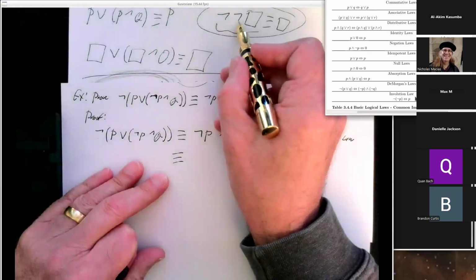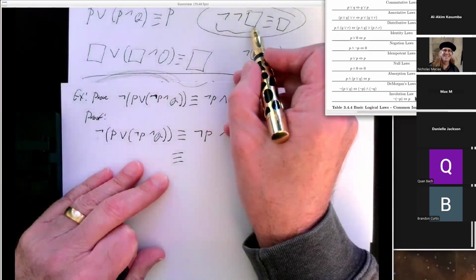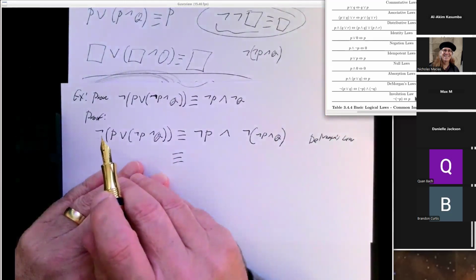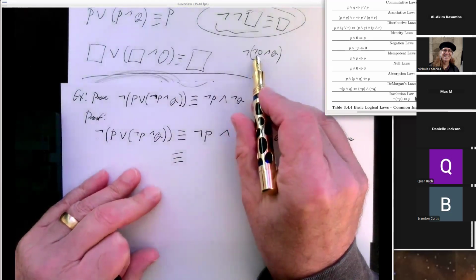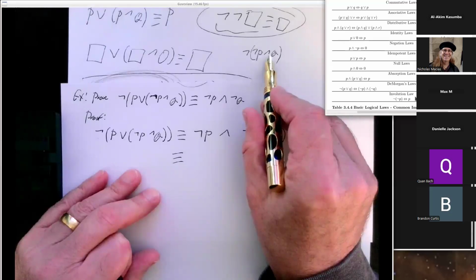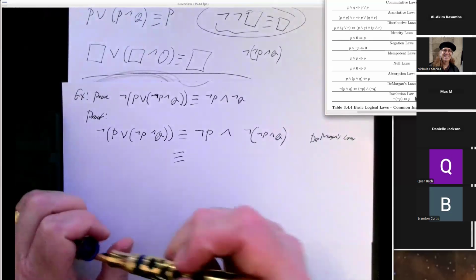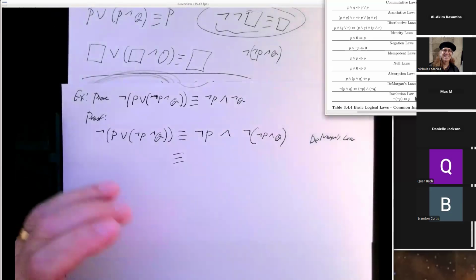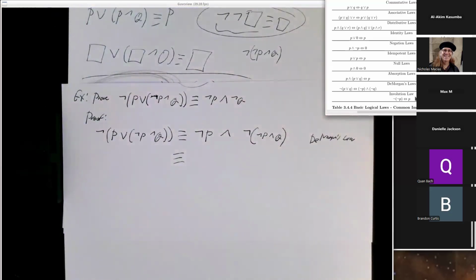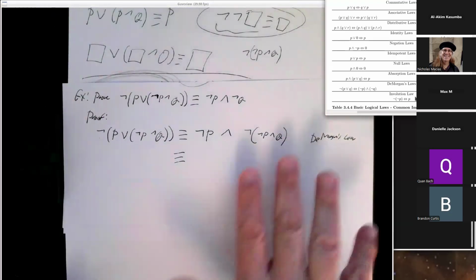This says I need to be negating the negation of something, anything. But here I'm negating not a negation, but an and, a conjunction of two things. So that's close, but it doesn't quite fit the form. But there is something else in here that will. And it's on this side where you were looking.